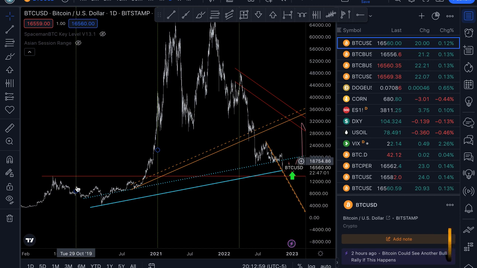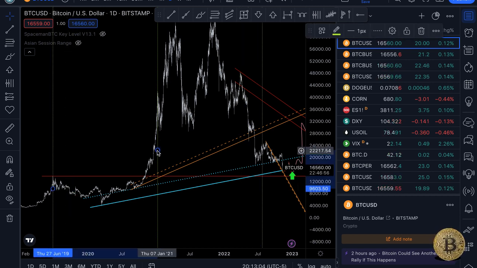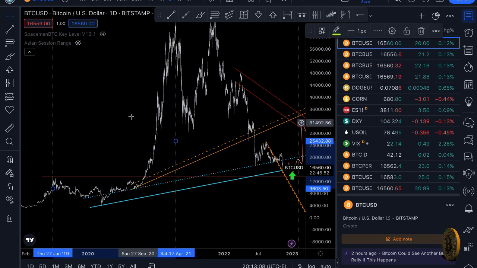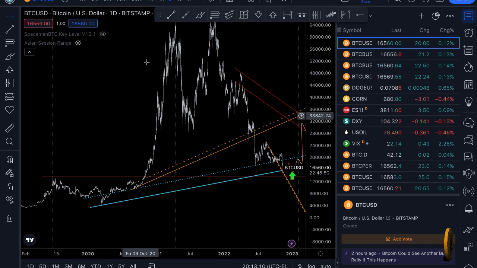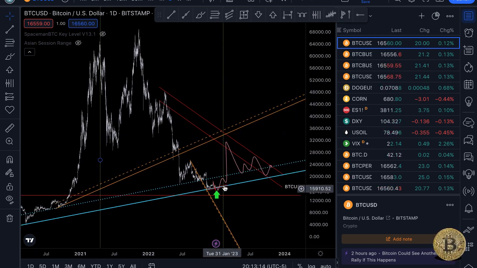Maybe even this entire pattern here. It's kind of like the length of this head and shoulders, that was the first push up here. So that's kind of like a confluence with this move that we're seeing here. I'm expecting 30,000 plus on Bitcoin at the beginning of the year.